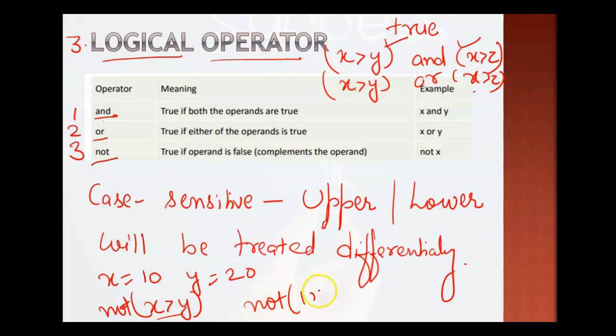So x value 10 is greater than 20. This condition is evaluating false because 10 is not greater than 20. So because of this condition, you are getting false. And this NOT is going to negate it, to oppose it, the complement of it. So NOT of this is true. So for this particular thing, you will get the answer true.